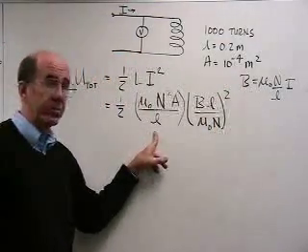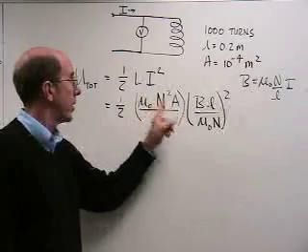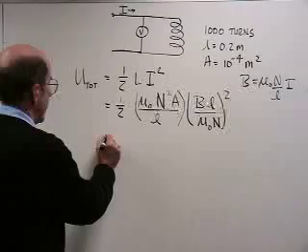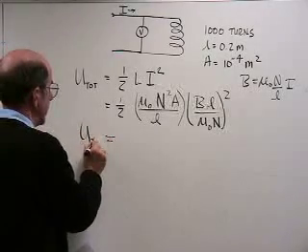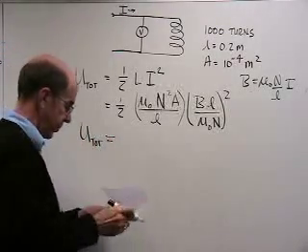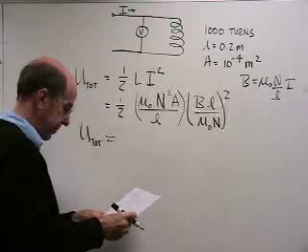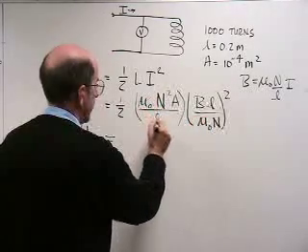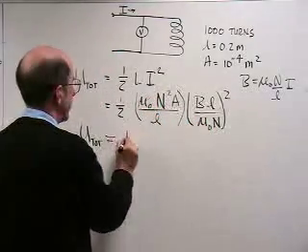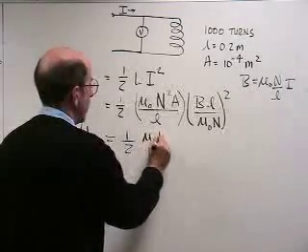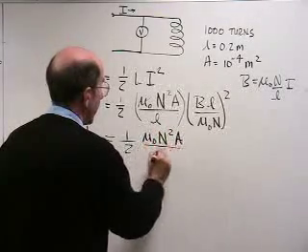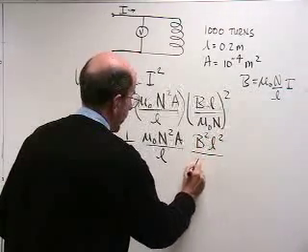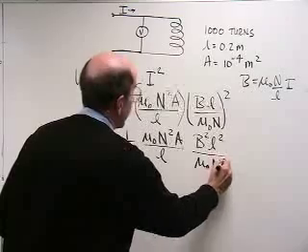So I put in the expression for the self-inductance, and I put in an expression that relates to the B field, and you can see that a lot of things are going to cancel out. Well, let's just go ahead and do it the whole way. 1/2 mu0 n squared A over L times B squared L squared over mu0 squared n squared.